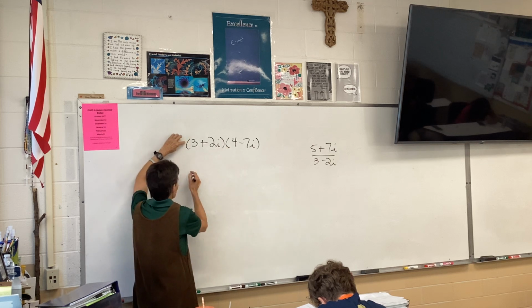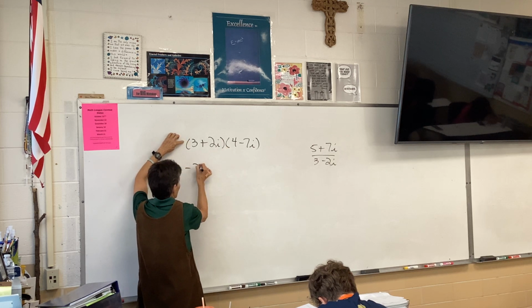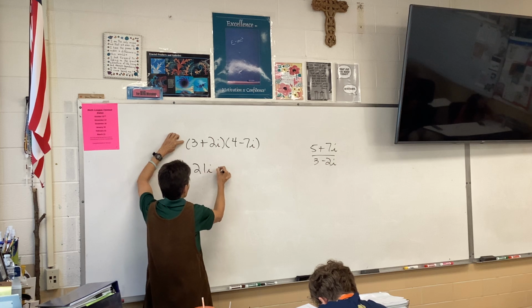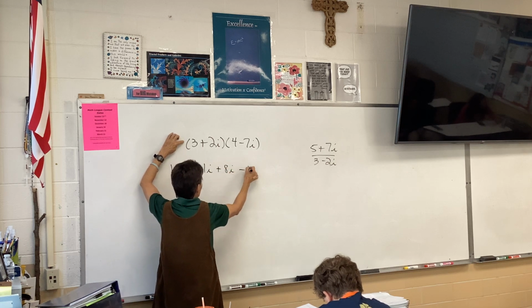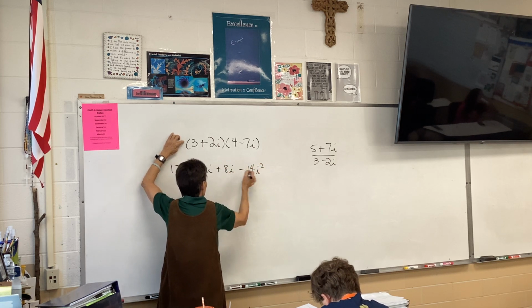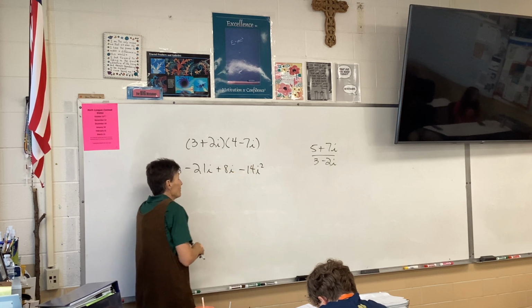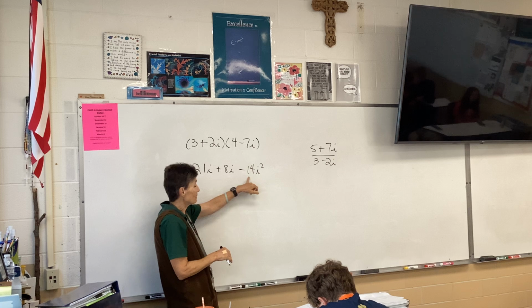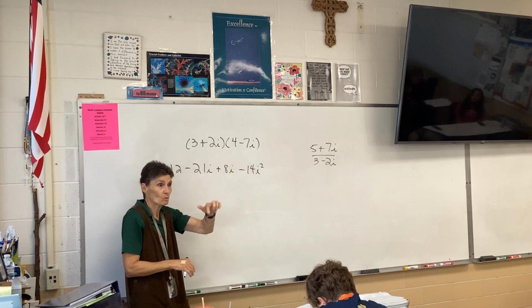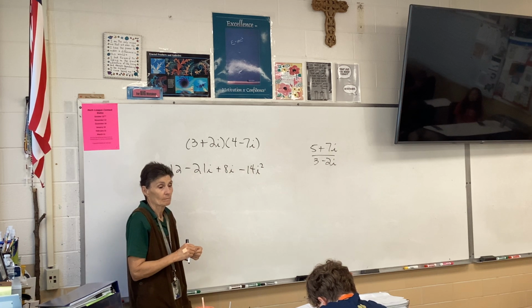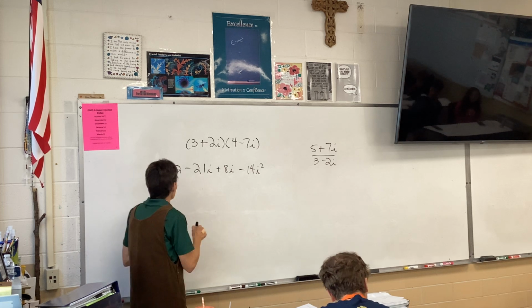Okay, so here we go. First, outside, inside, last. And remember, when you multiply 2i times negative 7i, you get negative 14i squared. All right, so now we cleaned it up.